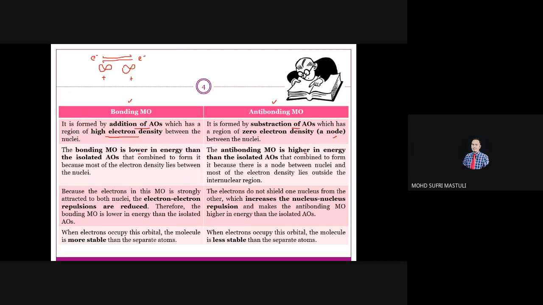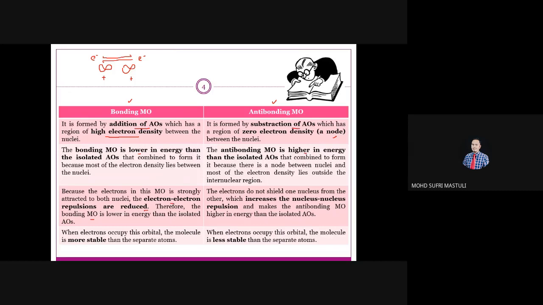Positive charge and positive charge also repel. Okay, so in the bonding, the electron repulsion will be reduced. This is the reason the bonding molecular orbital is lower in energy compared to the isolated atomic orbital.